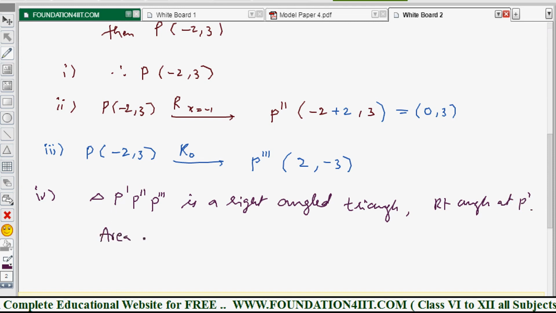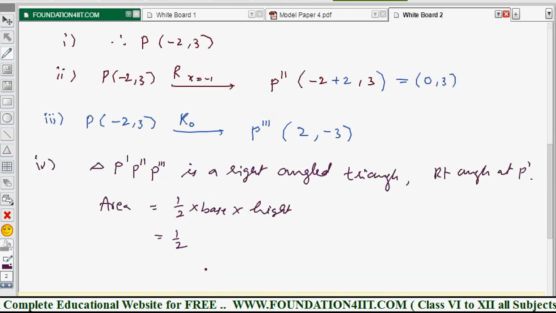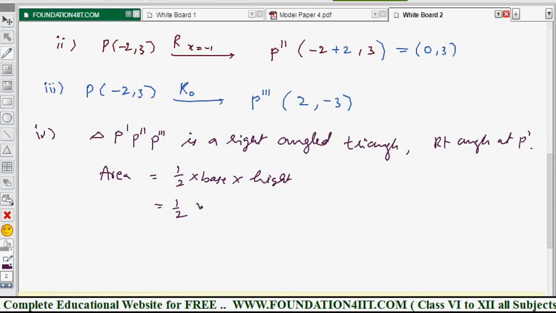So area of a right angle triangle is half into base into height. If you see, base is 2 units, 2 centimeters, and height is total 6. Then 2 cancels. Then 6 square units is the area of the triangle P dash, P double dash, P triple dash.